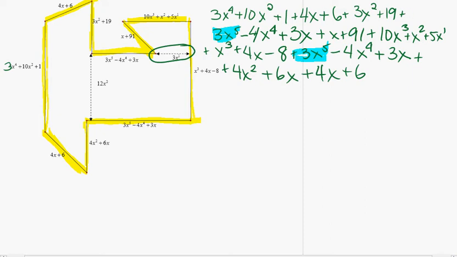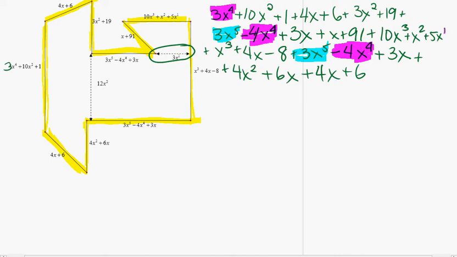Nope. Now, looking for x to the 4th, I have positive 3x to the 4th there. I have negative 4x to the 4th there. I have another negative 4x to the 4th. It's important to keep track of the negative sign as well, because it's easy to just add items without keeping track of whether they're negative or not. Any other x to the 4ths?